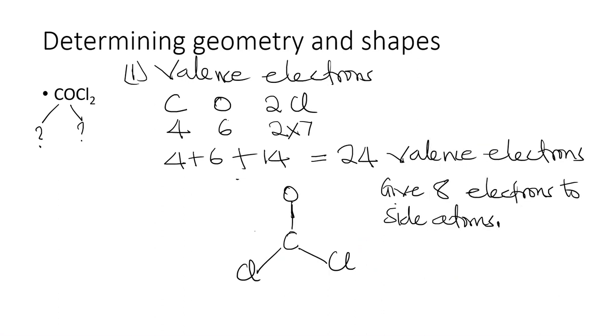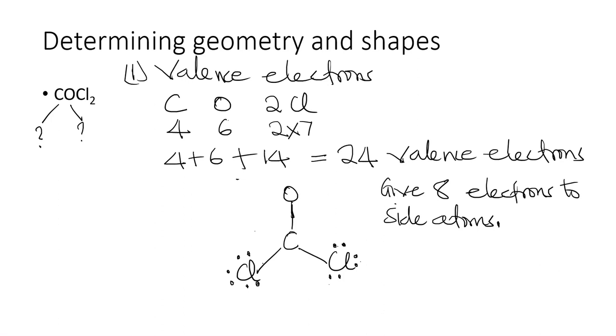Now, which means I need 6 more electrons. So I'll give 2, 4, 6. And each stick is 2 electrons. So we have 2, 4, 6, 8 for this chlorine, 2, 4, 6, 8 for this chlorine.